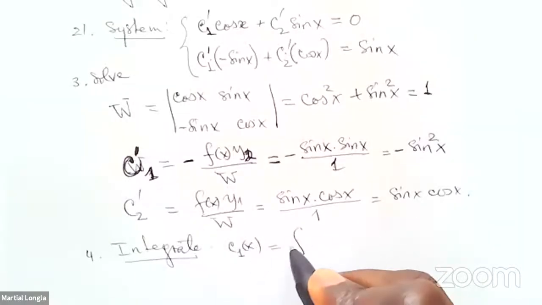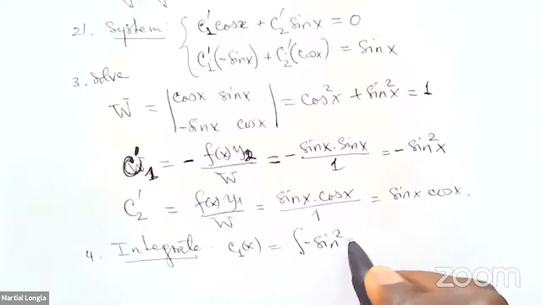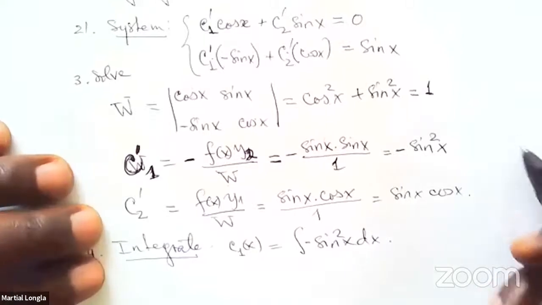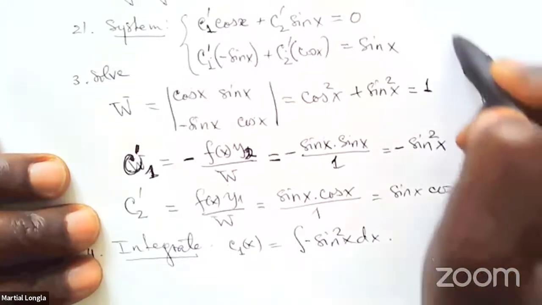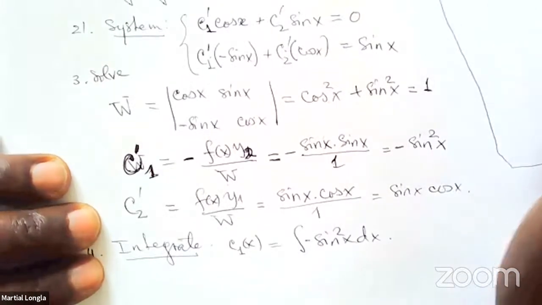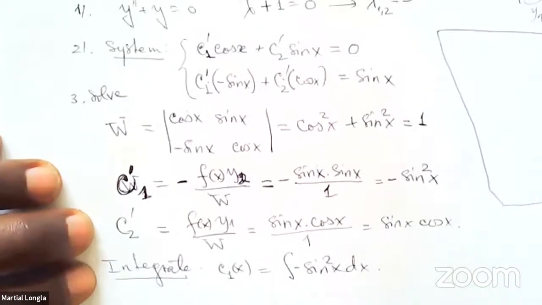C1 of x is the integral of negative sine square x dx. And this is the place where you need some identities. Whenever you have the integral of the square of sine, you need to remember this.